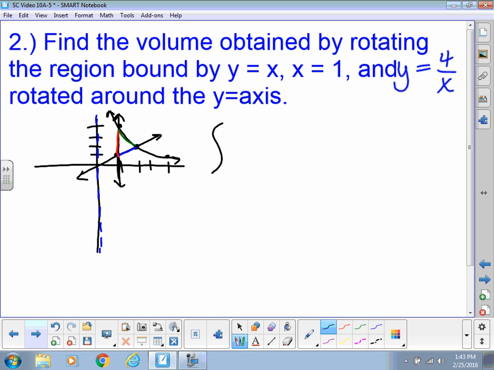So the first integral we will do is the blue one. When we do our slices, their thickness is in the y direction, so we'll have a dy. The y's of the section where the blue is the outer go from 1 to 2.